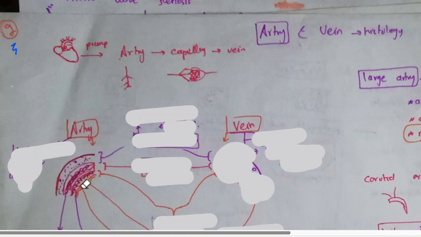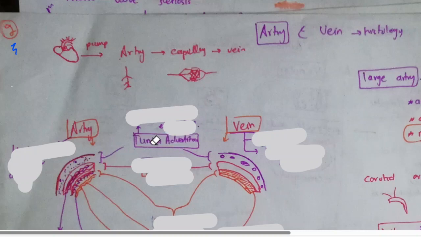So this is the diagram of the arteries, and this is the diagram of the vein. First of all, both of them have an external layer. This is called tunica adventitia. The vein, which has a large lumen, has the thickest layer of adventitia.